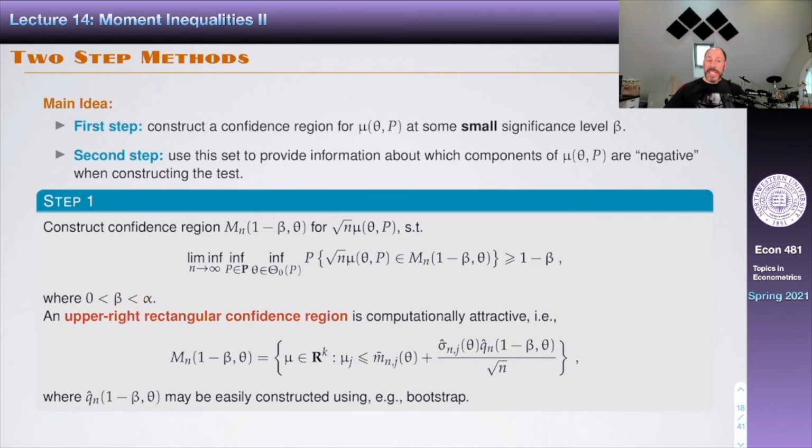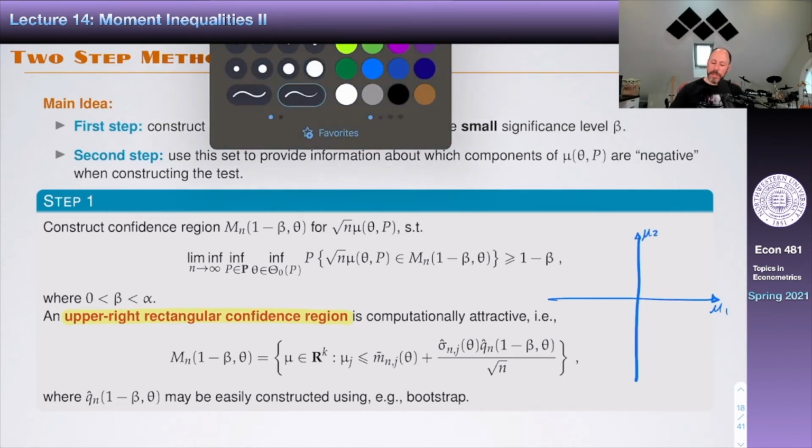And in particular, we're not going to take any confidence region. We're going to focus, for computational reasons, on upper right rectangular confidence regions for mu. So what are these? Imagine that we have only 2 mu's, mu1 and mu2.